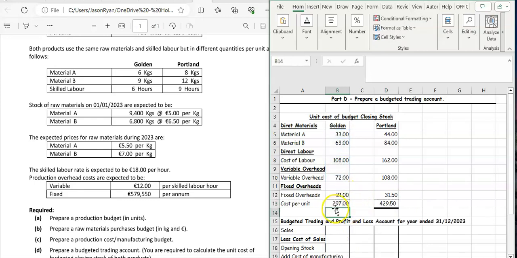Okay, so 297 for golden and 429.50 for Portland.